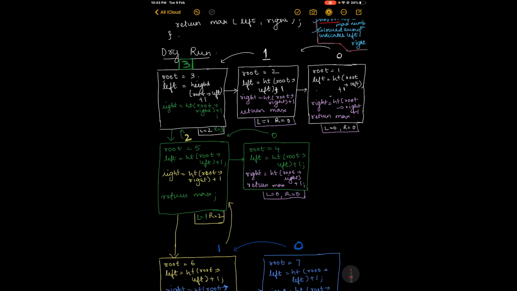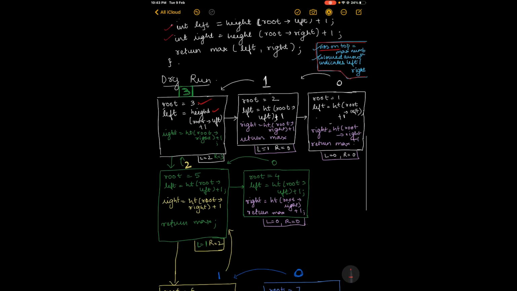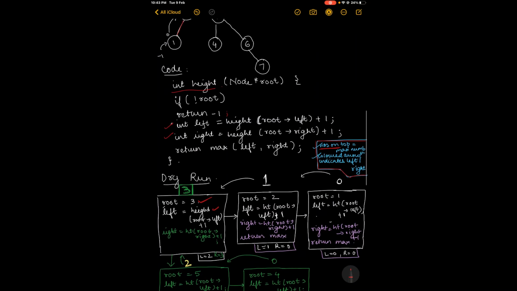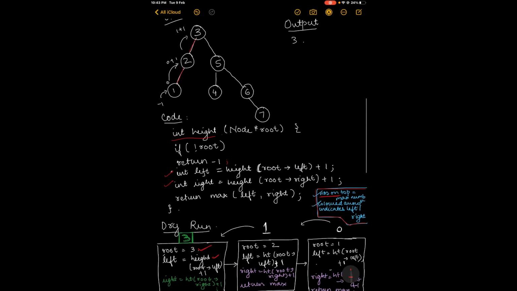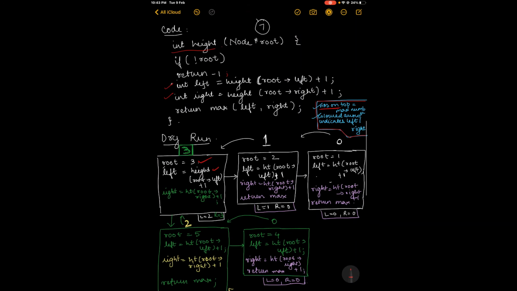Firstly, our root is equal to 3. Next we have left is equal to height, root left plus 1. Now we have called our recursive function here, so we'll move to the next block. Root left, that is the left child of 3, which is 2.